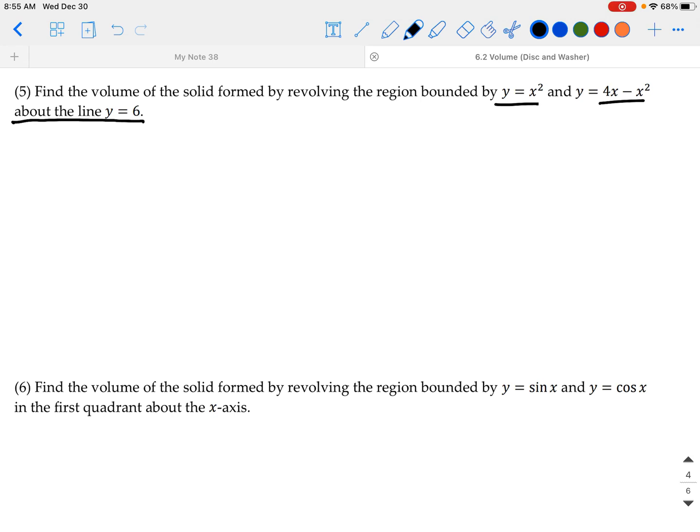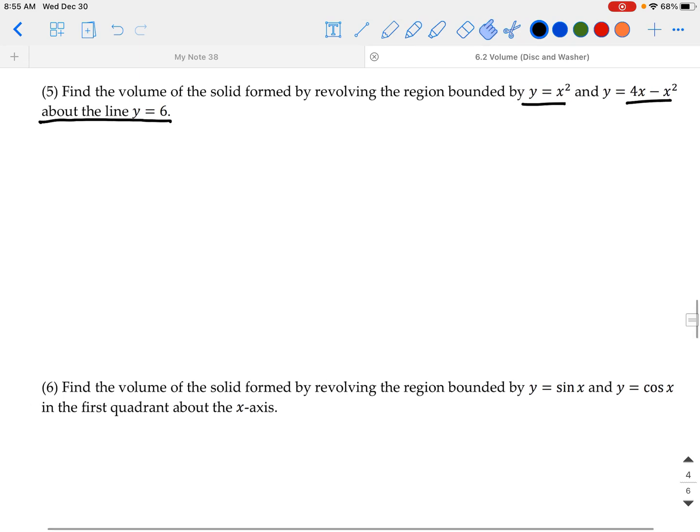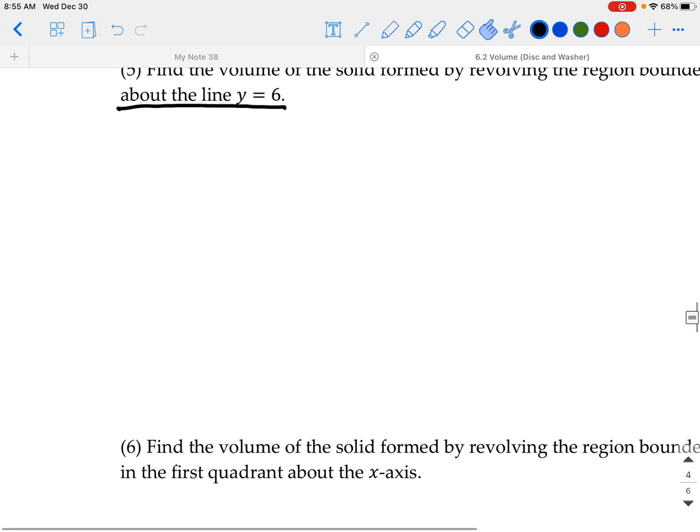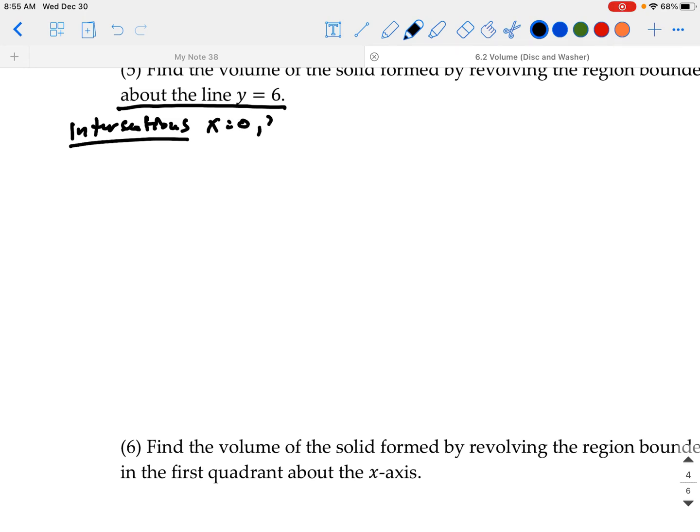So we're going to look at it rotated about a different axis of revolution. So let's go ahead and see what this looks like. So let's graph it. So note we know the intersections already. So intersections are x equals 0 and 2. And we can just sketch our graph here. So again, this is that same region.